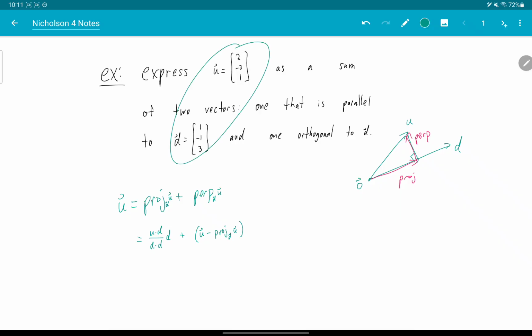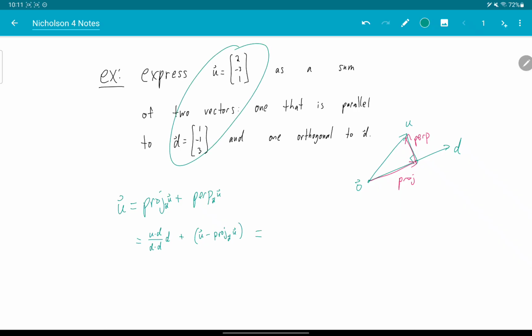Okay, looking at U and D here, I can see that U dot D is going to be 2 plus 3 plus 3. D dot D is going to be 1 plus 1 plus 9. And then I have the vector D beside it, like so.